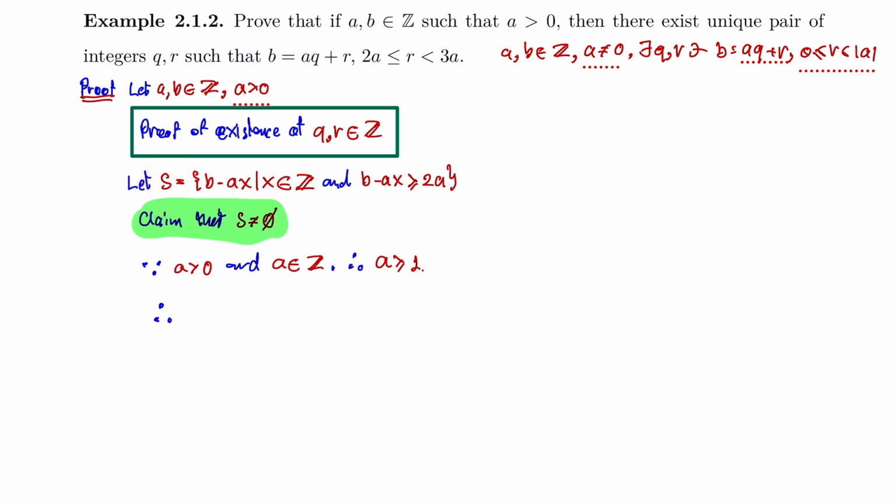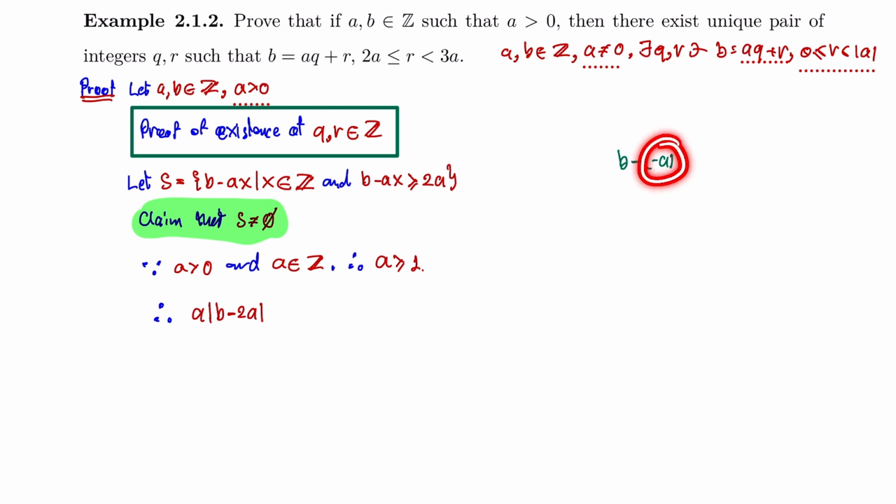Let's choose wisely. We have 2a right here, so we're going to choose b minus a times absolute value of 2a. I want to start with this term, b minus a.